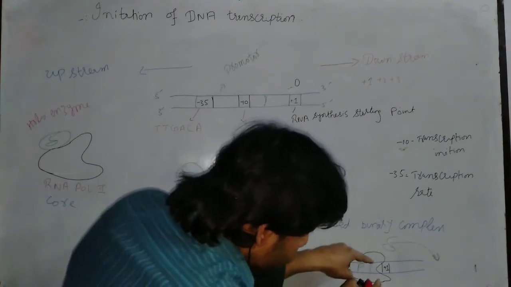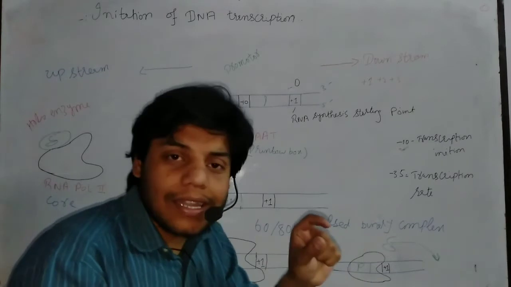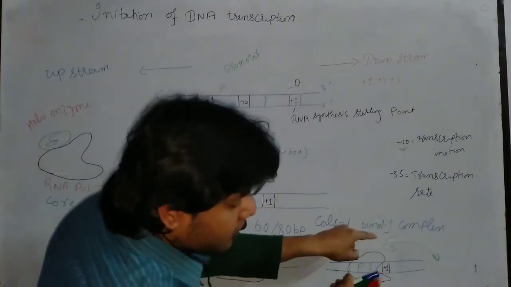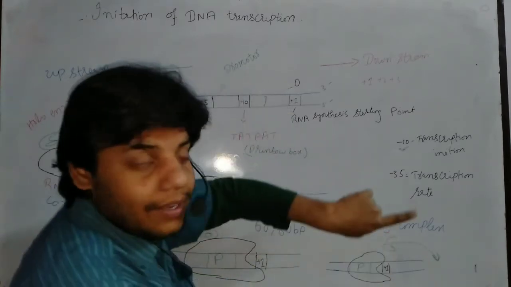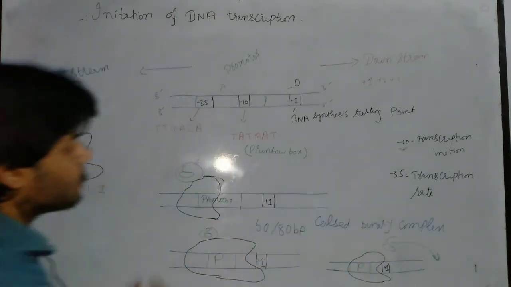So now the sigma factor is released out. After that, at that +1 position, some catalytic process starts here. Due to this catalytic process, the DNA is melted. The DNA strands are separated from each other. So after that, we get a structure like that.